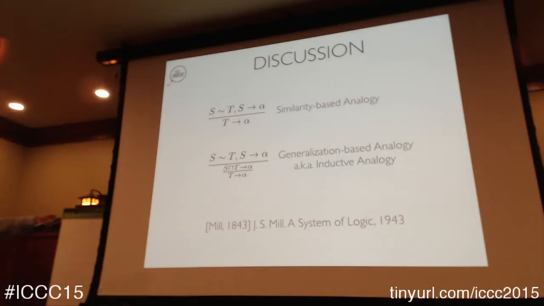So in here, if these two are similar, and in S it is the case that alpha is true, then we take what they have in common, which is that unification, and then we assume that alpha could be derived not from all of S, but just with this part. We don't know, of course. That's why it's a kind of non-monotonic reasoning. And then after we have this, we can conclude that alpha will also be the case in T.